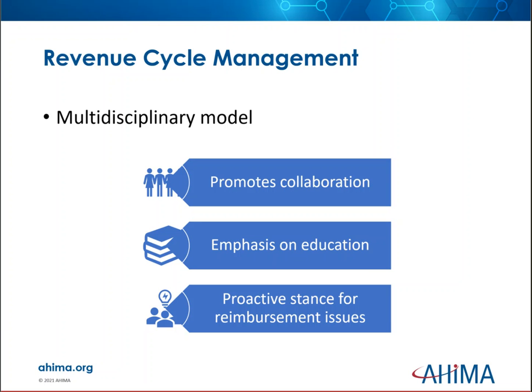In one of your other classes, we'll talk about evaluation and management codes. There was a major change in evaluation and management codes, and in that particular case, those codes and the standards required for how you assign them are determined by the American Medical Association. So this emphasis on education is important because the reimbursement component, with all the various players, the large insurance companies and the federal government being two of the major ones, determines certain elements.